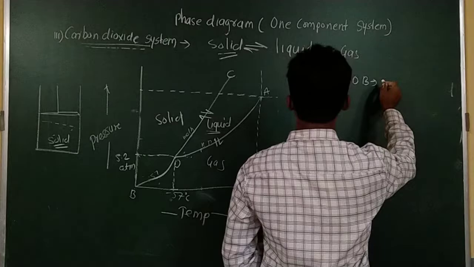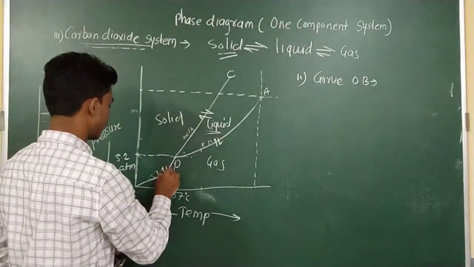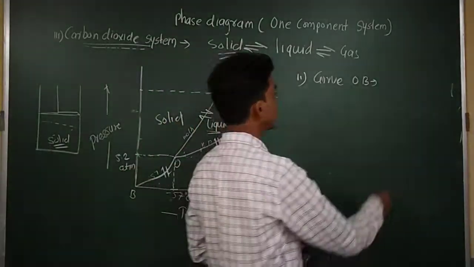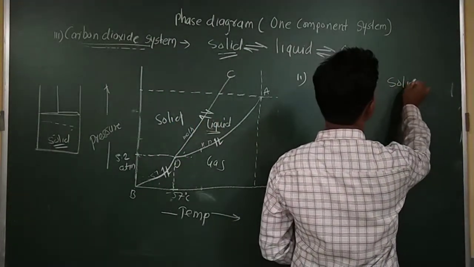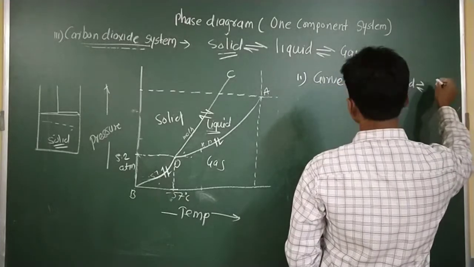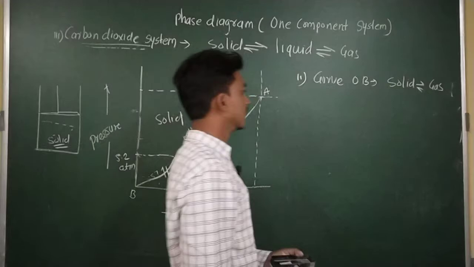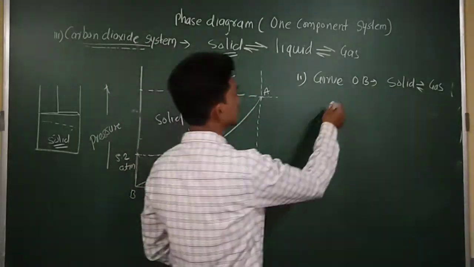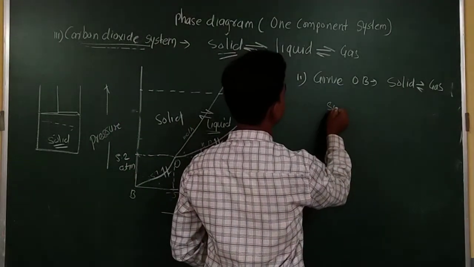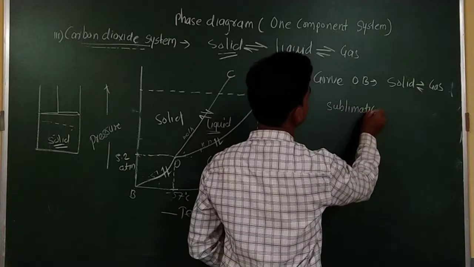At these curves, which equilibriums exist? Solid and gas. That means solid carbon dioxide is in equilibrium with carbon dioxide in gaseous form. So this curve is also known as a sublimation curve.